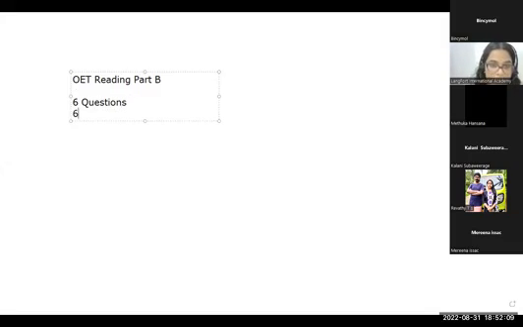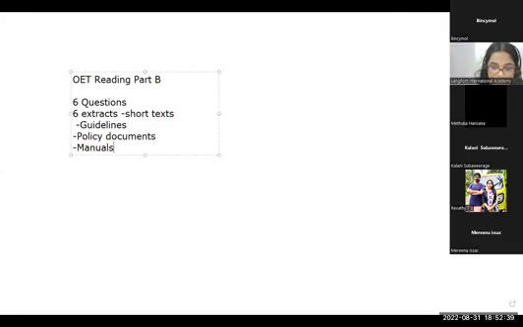Part B has 6 questions and 6 extracts. You will be going through 6 extracts, and these extracts are short texts. Usually you get guidelines, policy documents, extracts from policy documents, manuals, then notices, extracts from a notice, email, and finally memo.